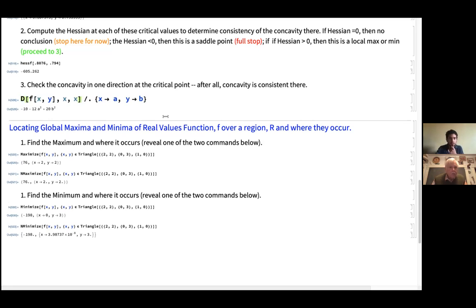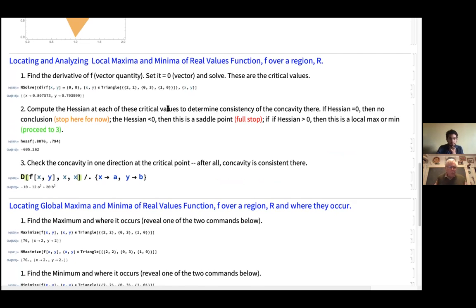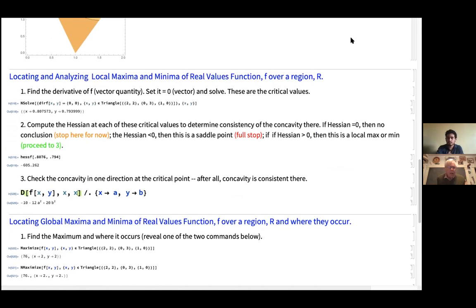No, this is the above. So for analyzing these local maxima and minima, the first thing to do is to find the derivative, set it equal to 0, and solve. This will give you the critical points.